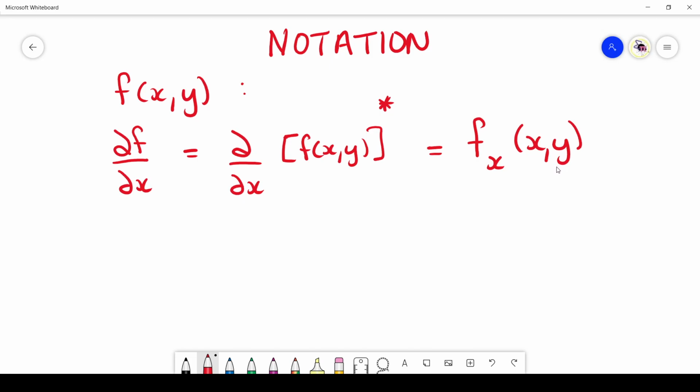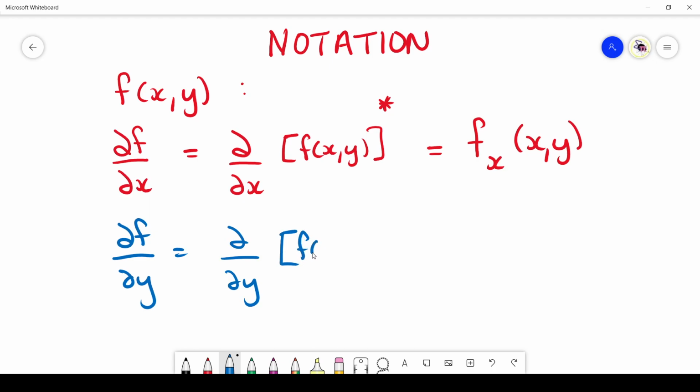All right, so just take note of the possible ways you can have the notation set. Let me show you guys another one. If they had delta f, delta y, then you can have delta, delta y, and then of course you have your function.